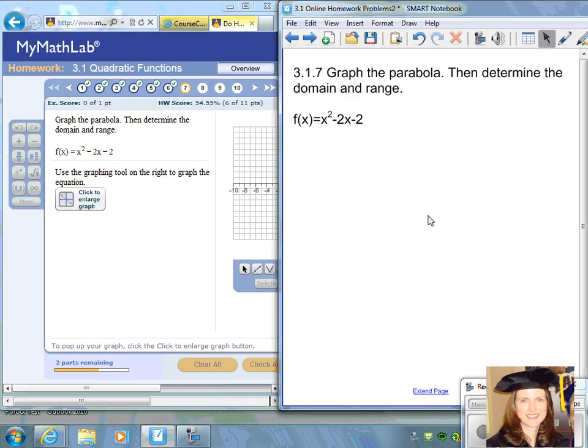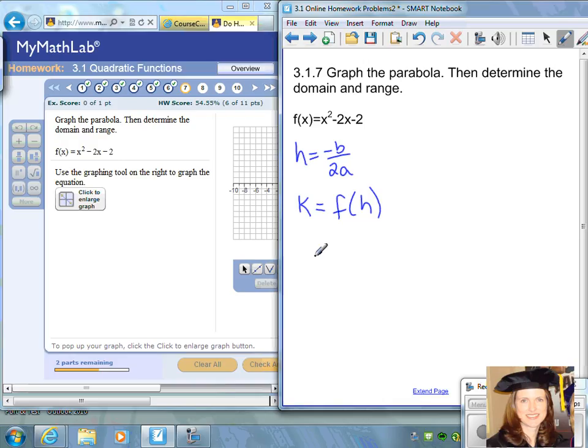For this one, we want to graph the parabola and determine the domain and range. Now, this one is not in the vertex form, so the way you find the vertex is by determining h, which is -b over 2a, and then to find k for the vertex, it's going to be f of h.